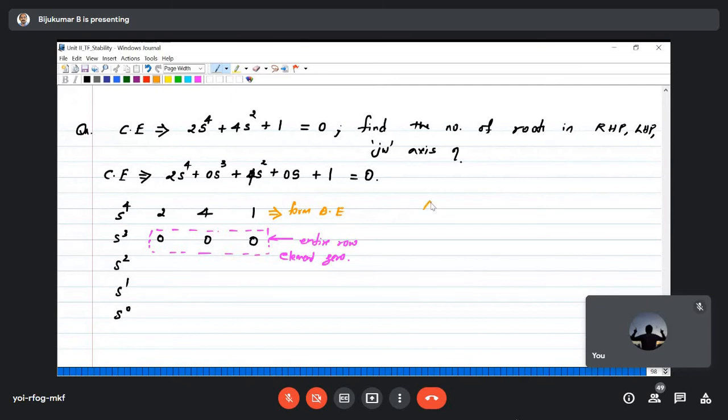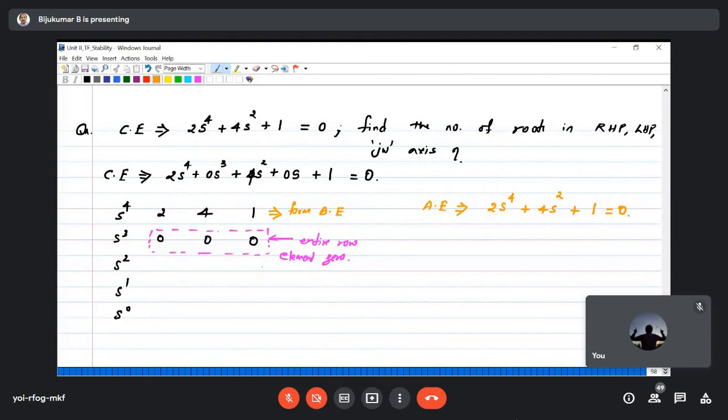The auxiliary equation becomes 2s^4 + 4s^2 + 1 = 0, reducing the order by 2.